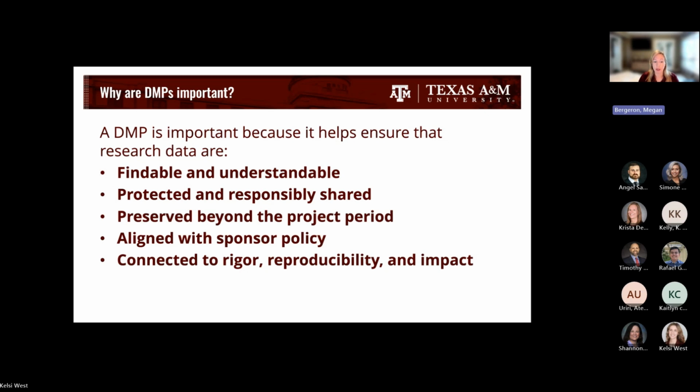That means that federal agencies have increasingly emphasized public access to federally funded research outputs, including the data underlying publications. And that the data are connected to rigor, reproducibility, and impact, meaning that good data management supports transparency, verification of results, future reuse, collaboration, and broader dissemination of project outcomes.